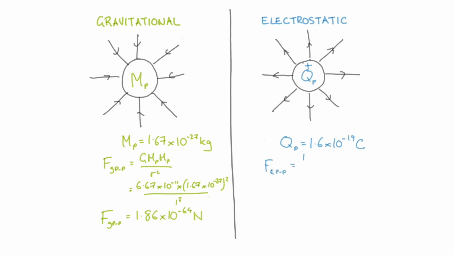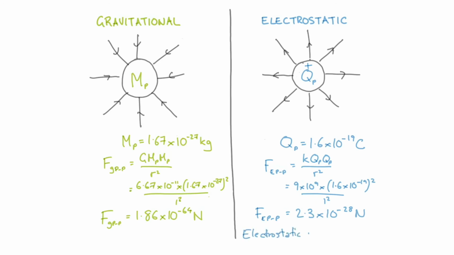That is minuscule. That is really tiny. So now let's go to the electrostatic force between a proton separated by 1 meter. So k is a lot bigger, 9 times 10 to the 9, times by the charge of a proton squared, divided by 1 squared, the distance 1 meter. And we get the electrostatic force is 2.3 times 10 to the minus 28 newtons.